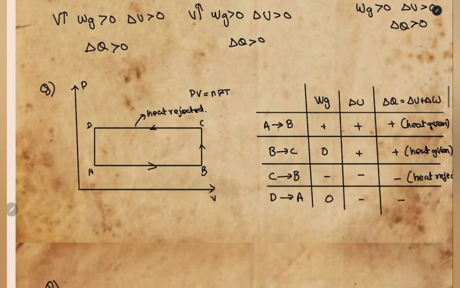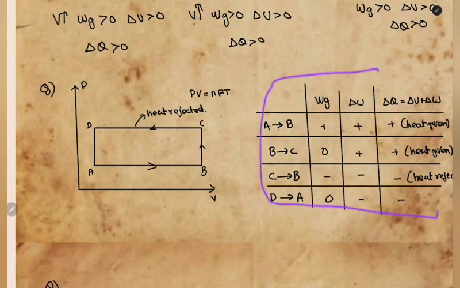So yeah, this graph is very important. It goes from A to B, B to C, C to D, and D to A. This is the graph of pressure and volume. We need to find the signs of these. It's easy, right? Basically, to find the sign, we need to see whether volume increases or decreases for work done by the gas, and whether temperature increases or decreases for change in internal energy.